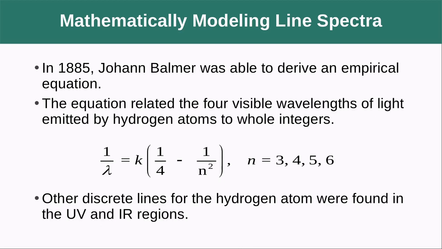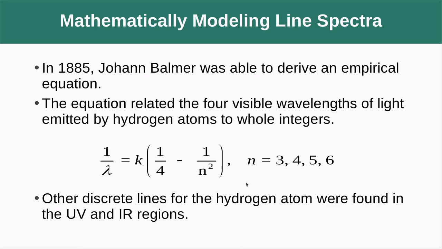So here he's able to say that 1 over the wavelength that we're going to get out is going to fit this. I have some k value here, and if I start pumping in integers of 3, 4, 5, and 6, I'm going to get out the proper wavelengths that I see.